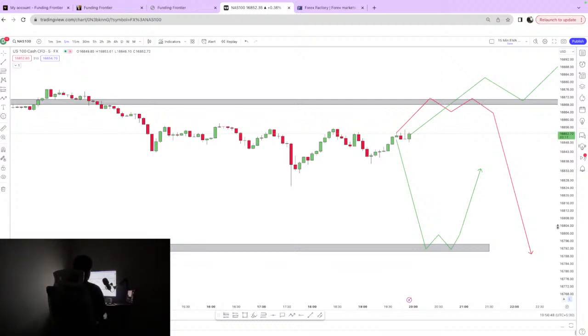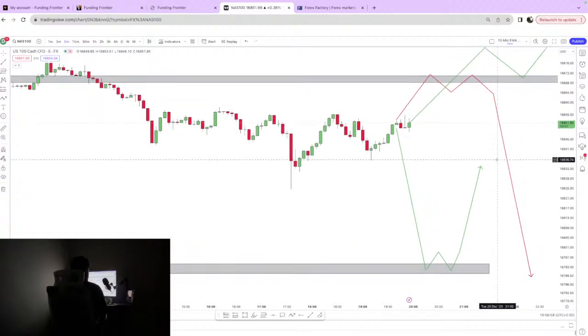Market is quite low on momentum. It's not moving much today. So we don't have to think much about these things, and we just have to wait. If it reaches our marked levels, then we'll see how it reacts, and then we'll react accordingly.